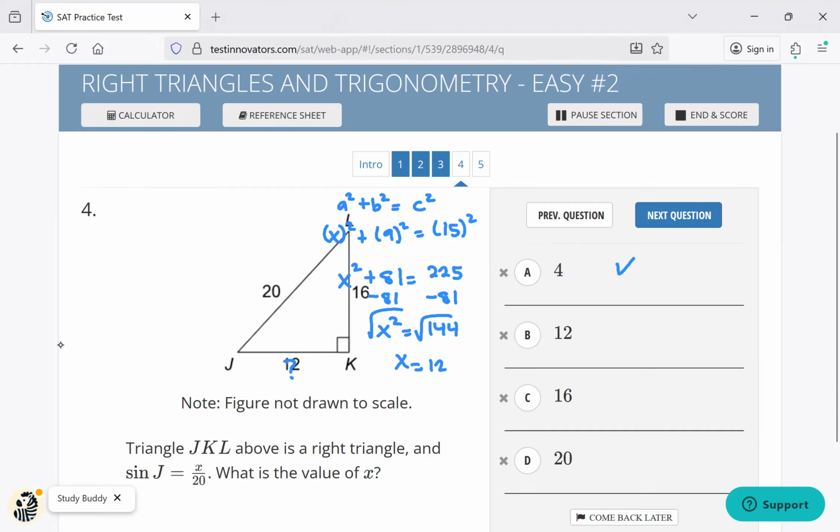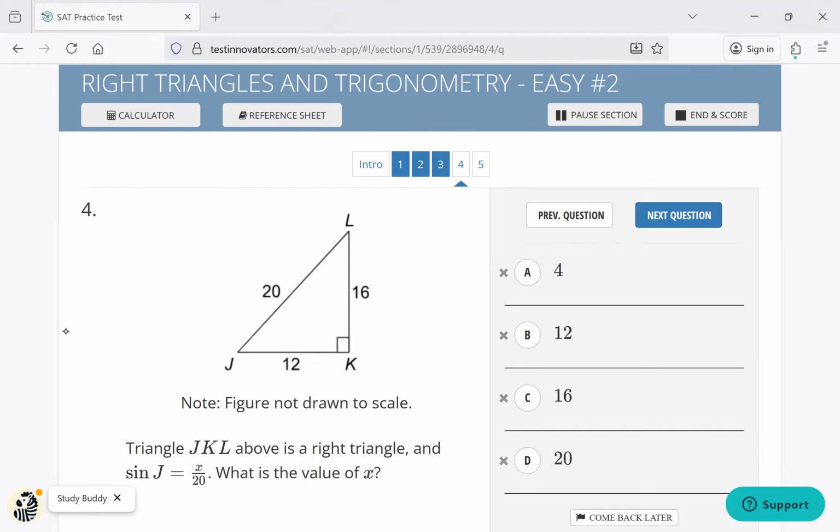Okay, let's move on to 4. Note figure not drawn to scale. Triangle JKL above is a right triangle, and sin of J is x over 20. What is the value of x? Okay, so first we're going to definitely do SOHCAHTOA. And here, locate where angle J is. So angle J is right here.